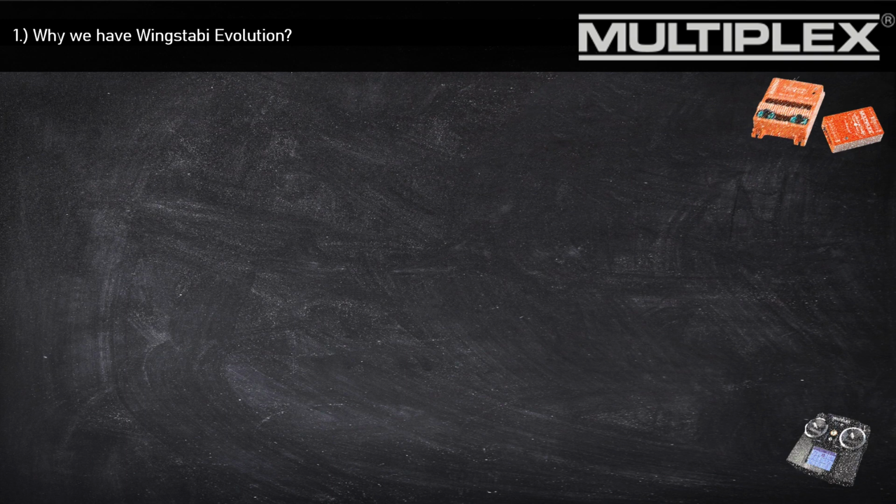Why did we develop Wingstabi Evolution? Of course, we had a continuous development of the Wingstabi since the market launch in 2015. We went to several air shows and talked to a lot of pilots, also to Multiplex team pilots. Where are the advantages of the Wingstabi? And where could we make some improvements?